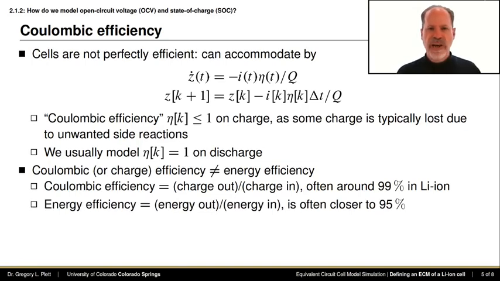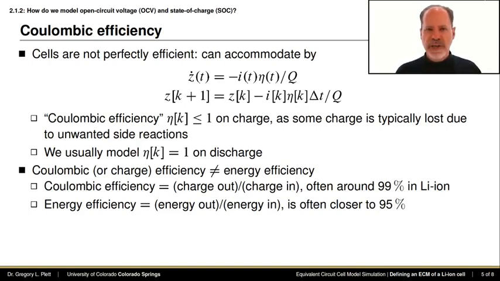Energy efficiency, on the other hand, is the amount of energy that we can take out of a battery cell divided by the amount of energy that we put into the battery cell when we charged it. And these are different things. Energy efficiency is often closer to 95% for a practical lithium-ion battery cell. You will see later this week, as we continue to refine the models of the lithium-ion battery cell, that these models will include a resistance term.